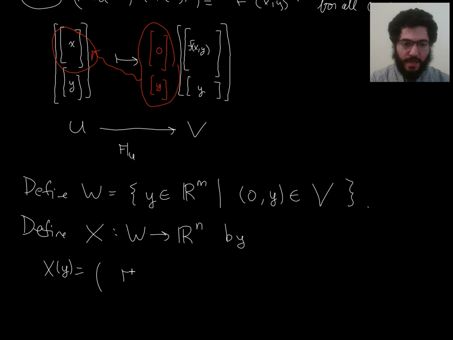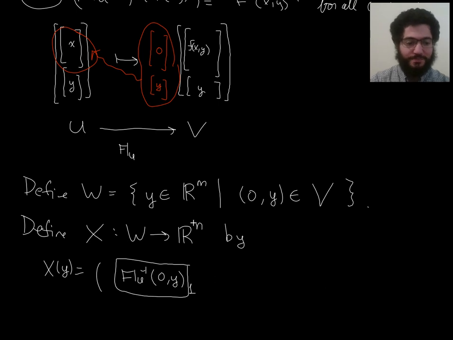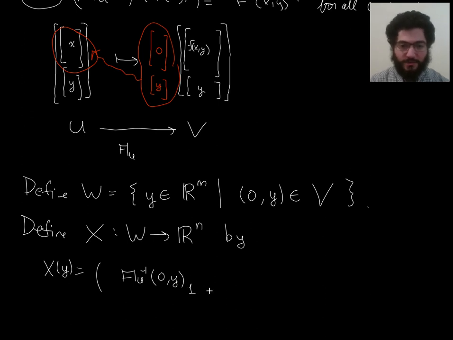First, take f restricted to U inverse and apply it to 0, y, and then take the first component of that vector. Just this portion, this will be an n plus m tuple. It'll be something in U. Take the first component. That will be a real number.